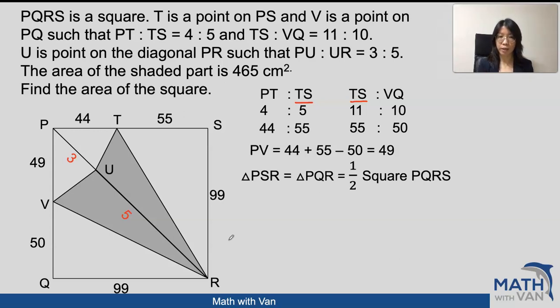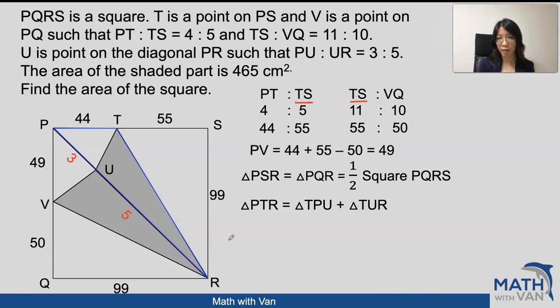Looking at these two big triangles, triangle PSR and PQR, they are both half the square. So I'm going to zoom in my focus on this particular triangle, which is triangle PTR. And that triangle PTR is made out of two triangles.